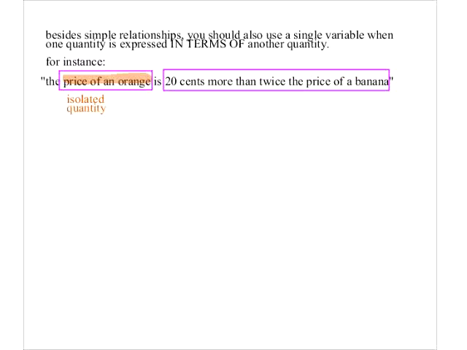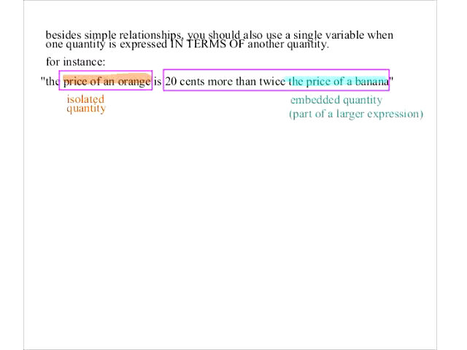And I'm going to call this the embedded quantity, because it's part of a larger expression. Everybody give me a smiley face if you understand why I'm calling these things isolated and embedded quantity.